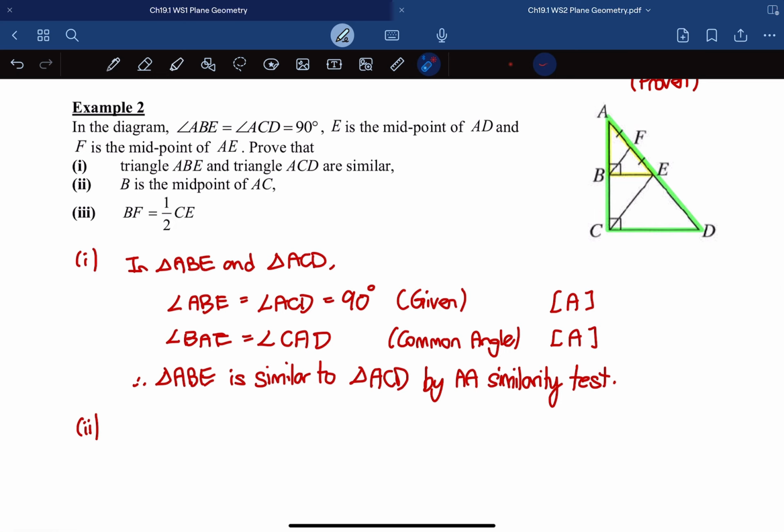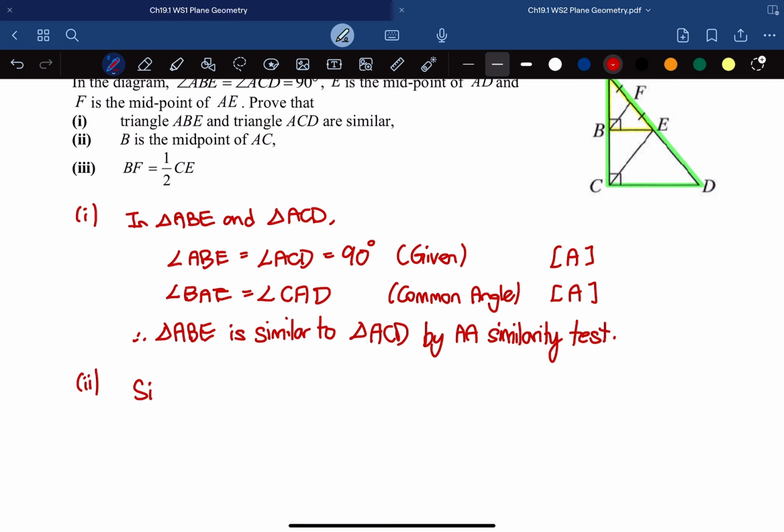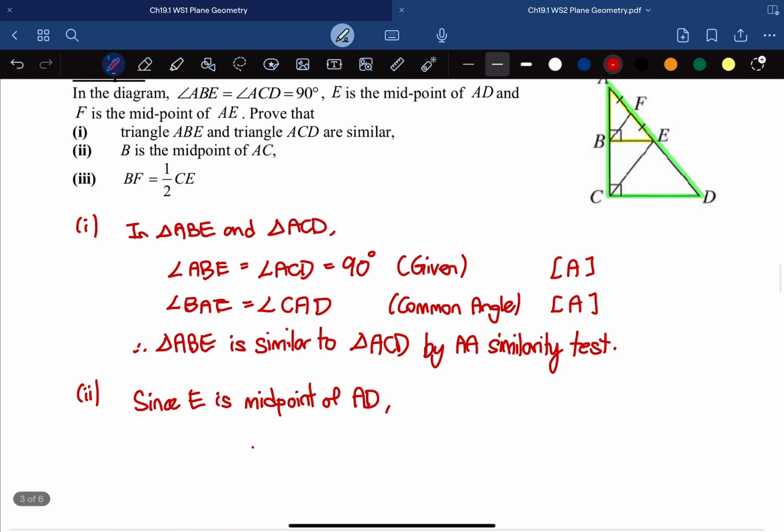And from this part over here, I see that E is the midpoint of AD, which means that if I write it in terms of ratio, since E is the midpoint of AD, then I can conclude that AE over AD is equal to 1 over 2.